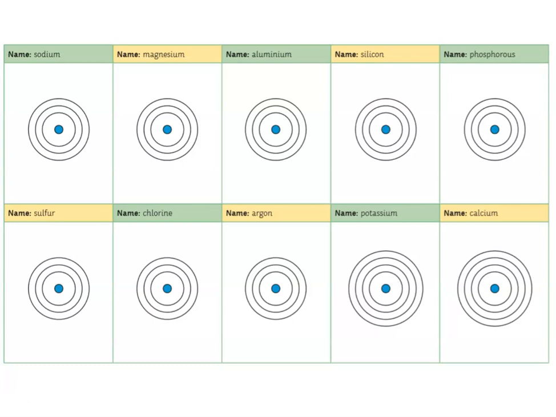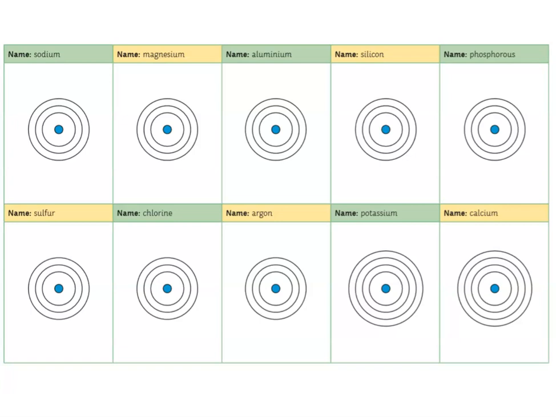Now, one of the most important things to help you learn how these go is to look at the periodic table. And what I want you to do is look at lithium, sodium and potassium. What group of the periodic table are they in?